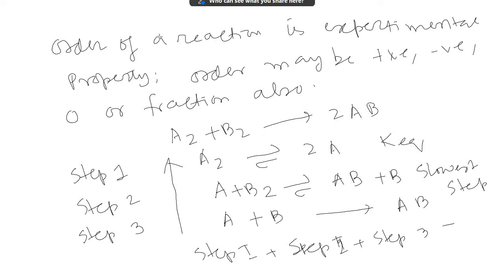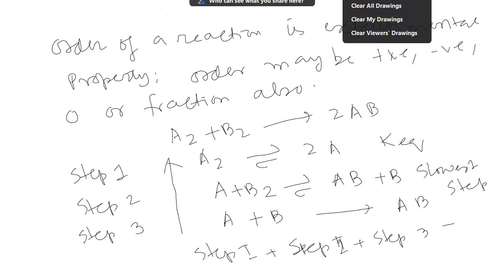Next, what I want to tell you: this is the overall reaction. Now for this case, what will be the order of the reaction? Let us go to the next page.